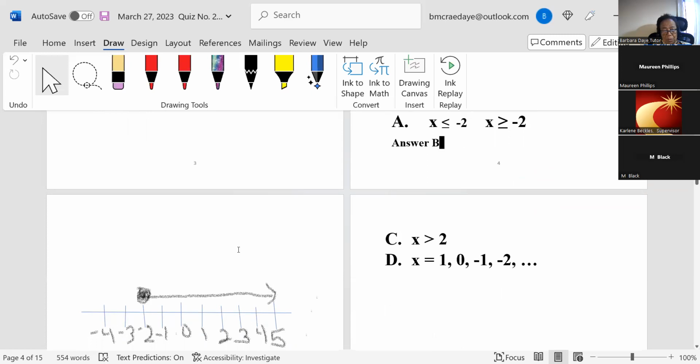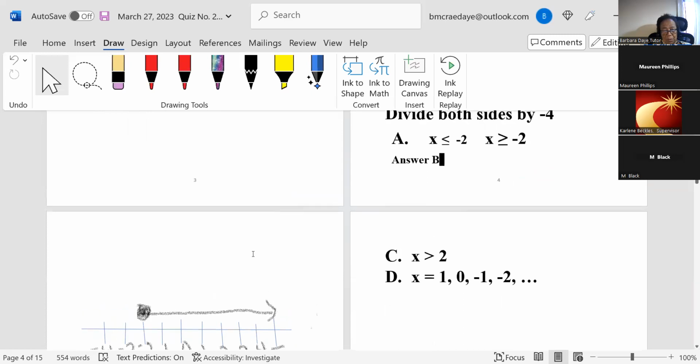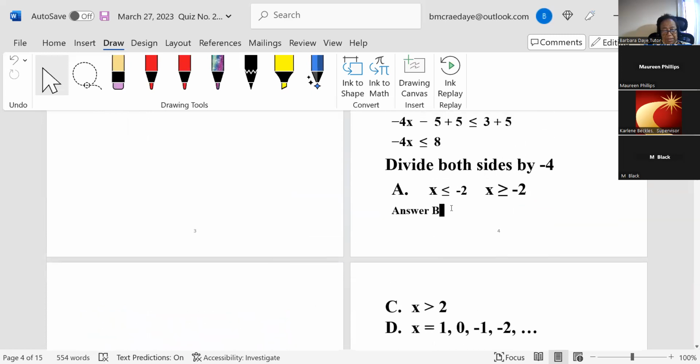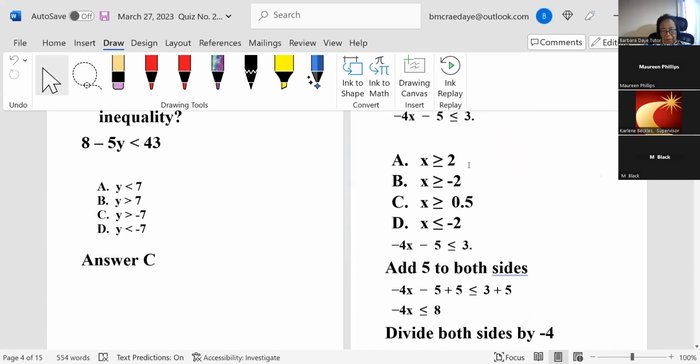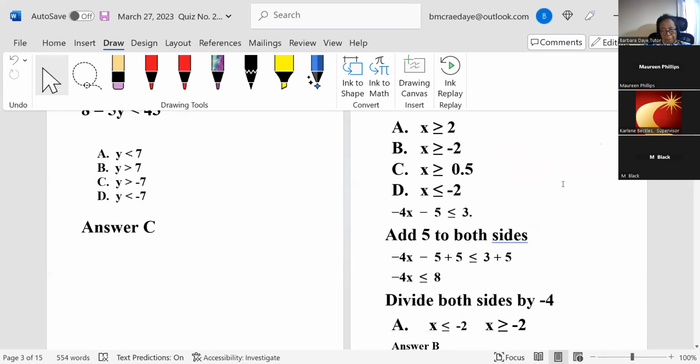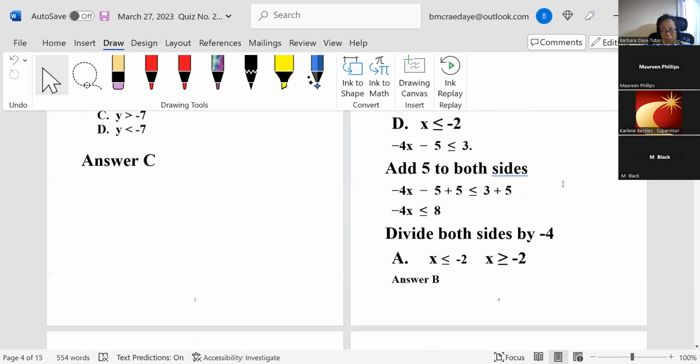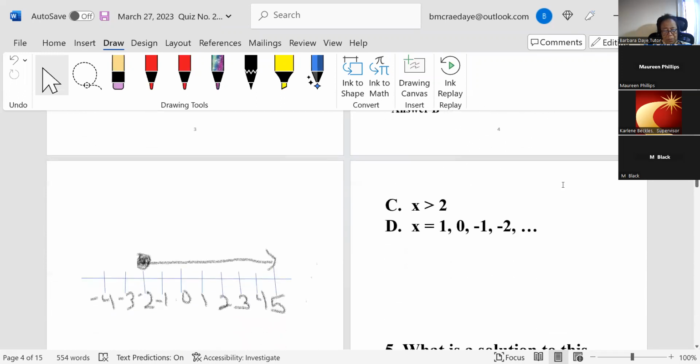You have answer C and D there, right? No, the answer is B. And that's X greater than or equal to -2. There's your answer right here. B. See, look at B. So you're saying greater than or equal. I should have put my circle at -2 and then go to the right.